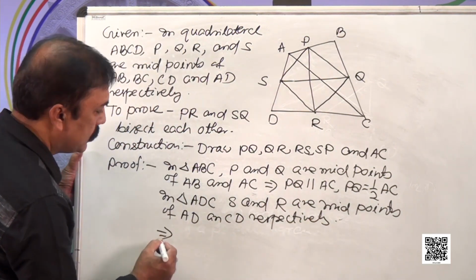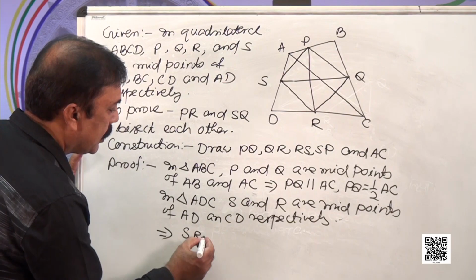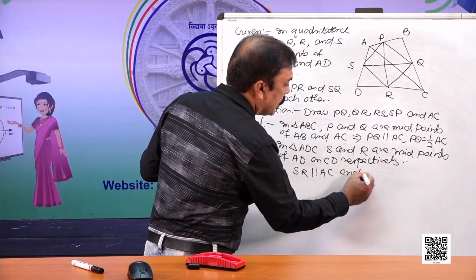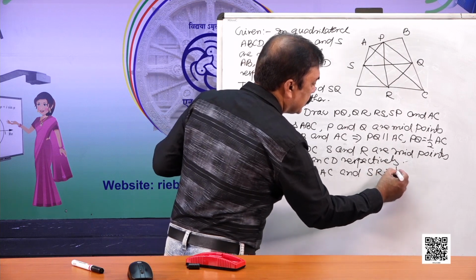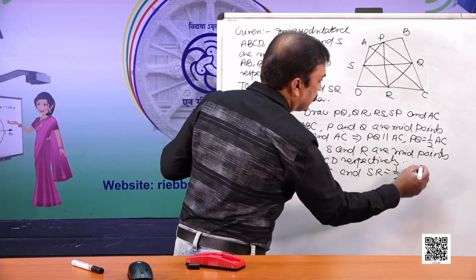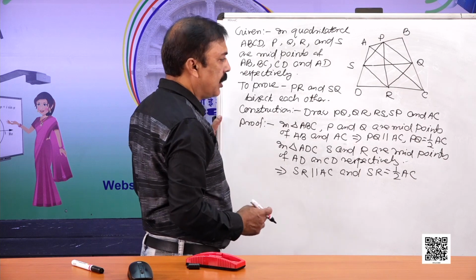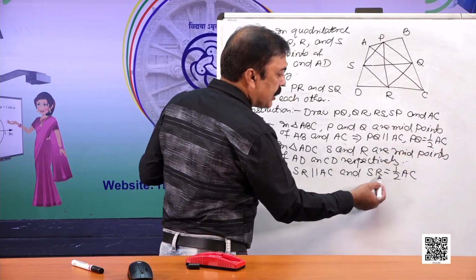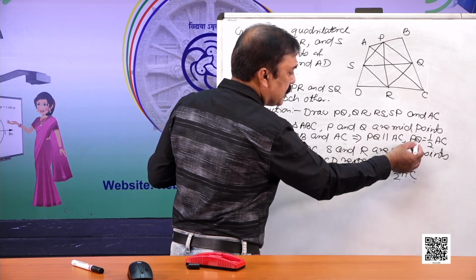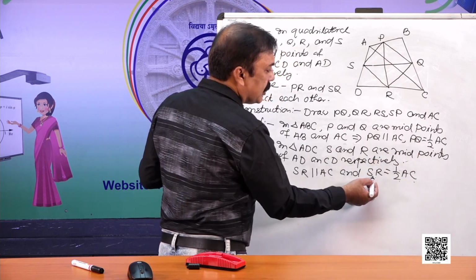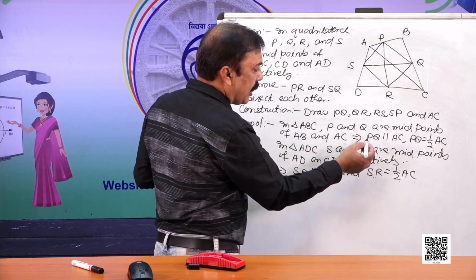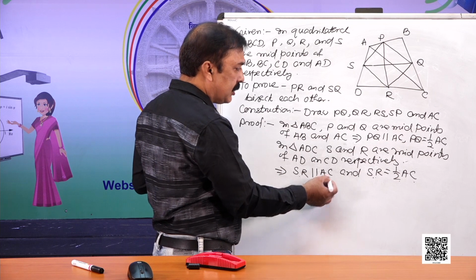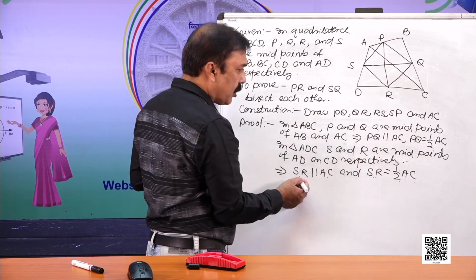This shows that SR is parallel to AC and SR is equal to half of AC. Now see, here PQ is half of AC and SR is also half of AC. That means PQ is equal to SR. Again, PQ is parallel to AC and SR is parallel to AC. So, PQ is parallel to SR.